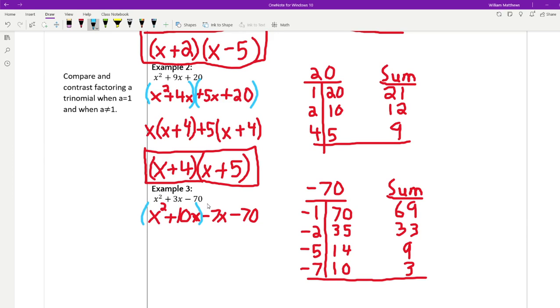I turn it into two binomials using parentheses. Factor out the GCF. My first one will just be an x, like it has been for all the other ones, leaving me x plus 10.